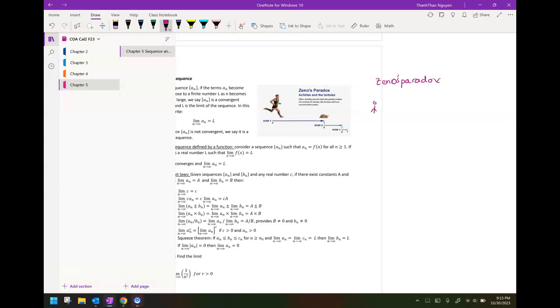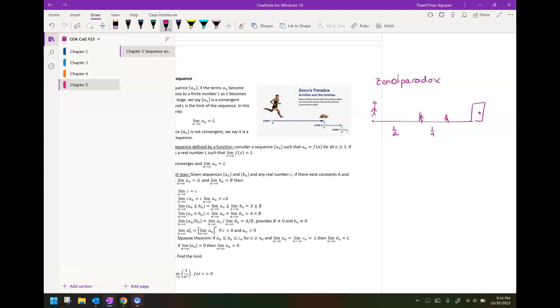See, you start at this point, okay, and you want to reach this door. In order to make it to this door, you have to make it to half of the way. Okay, so the distance here is half. In order to make this half distance, you make it a fourth to this door.